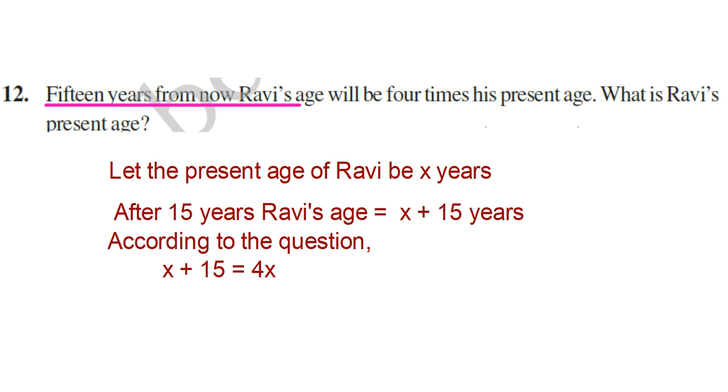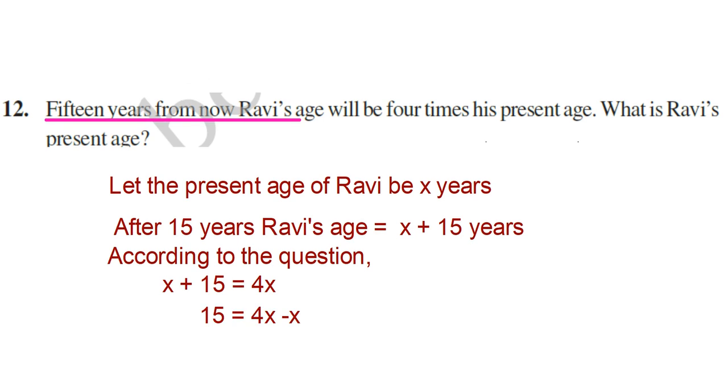What will you get? 15 is equal to 4x minus x. That is 15 is equal to 3x. Or we can write 3x is equal to 15. So x is equal to 15 by 3. You will get 5. So Ravi's present age is equal to 5 years.